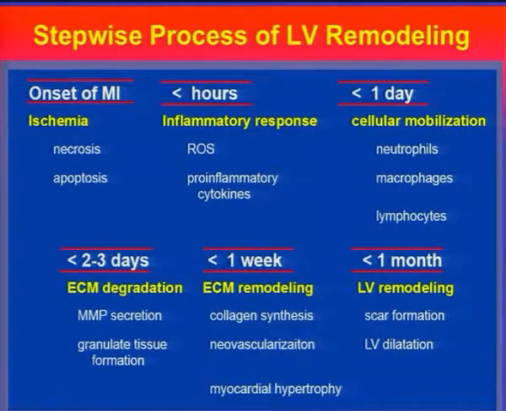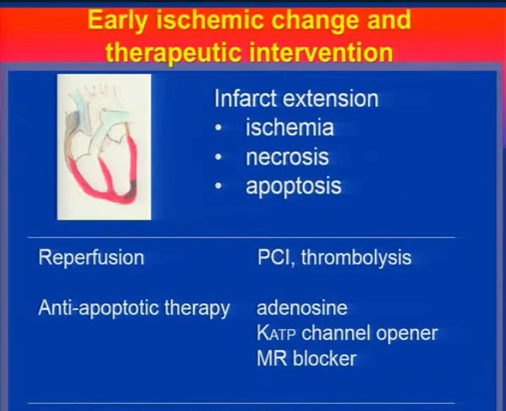So this is a surrogate marker of the prognosis, but how to treat the heart or how to treat the patients is very critical, time dependent. And this is the infarct extension stage: ischemic necrosis, apoptosis. At this stage, reperfusion is the most important, either by PCI or thrombolysis.